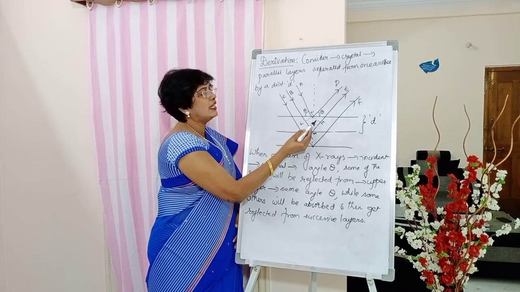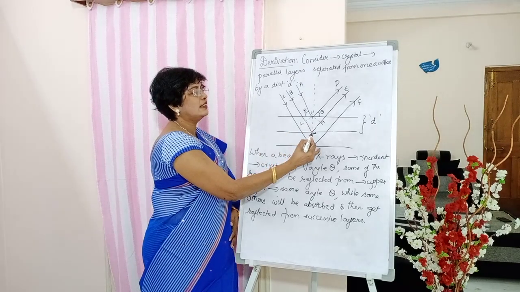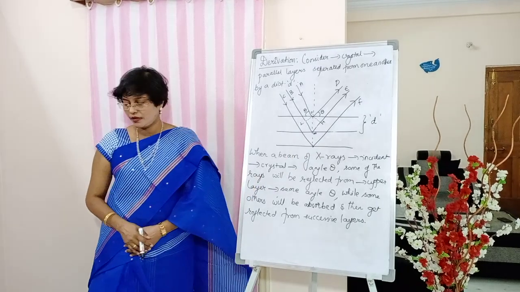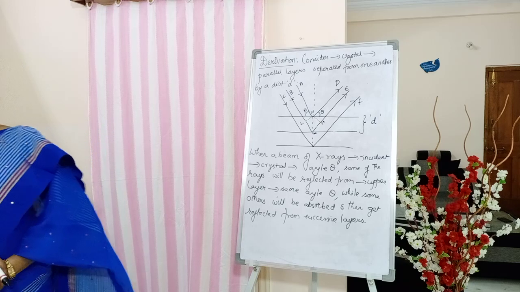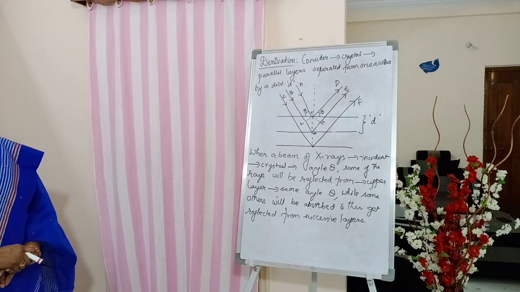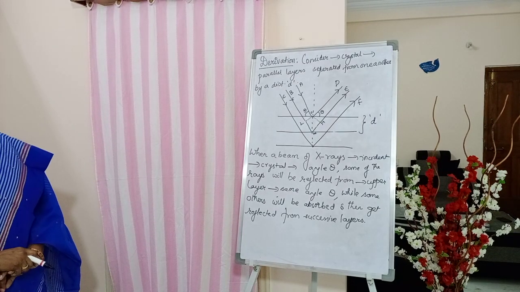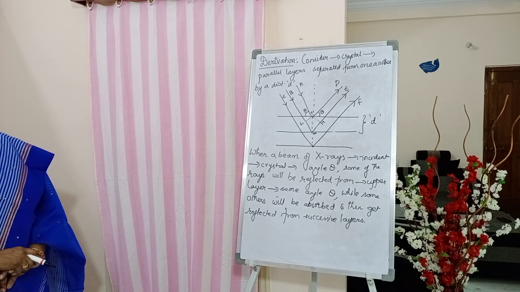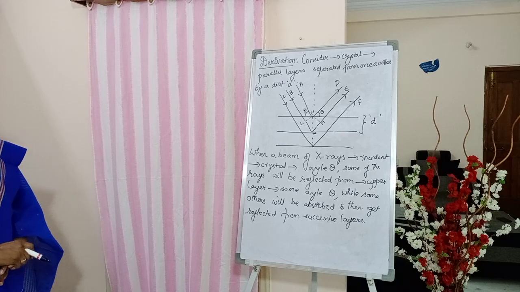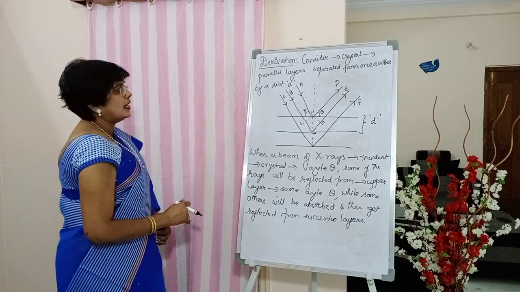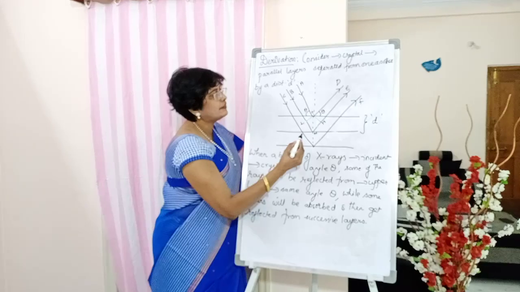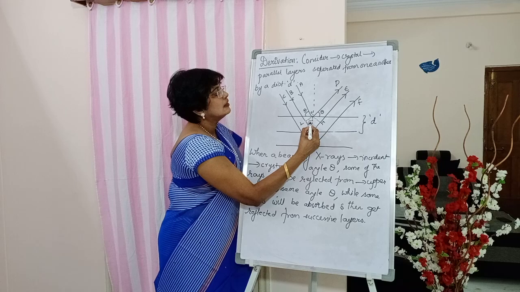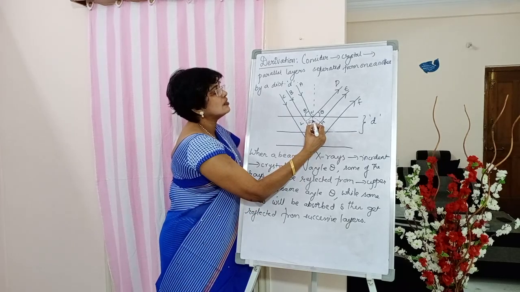Next, draw two dotted lines, mark this point as N and this point as M, and L here. Draw the diagram neatly, students, so that it will be easy for you while explaining. After drawing, mark the angles here also: this angle as theta and this also as theta.